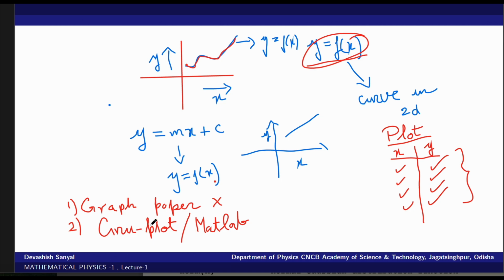So in two dimensions, y is equal to f(x) is a curve. If you go to 3-dimension, then what happens? We are now talking of 3-dimension, and you need 3 coordinates: x, y, and z, to define a point in 3-dimension. So you have this kind of coordinate system.